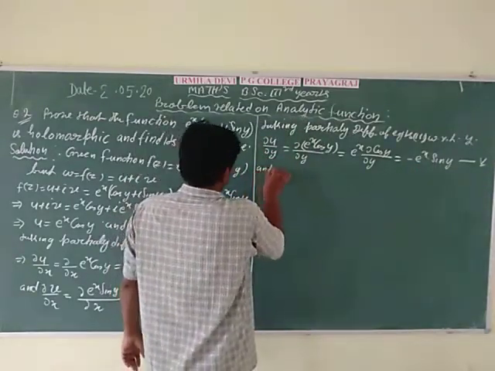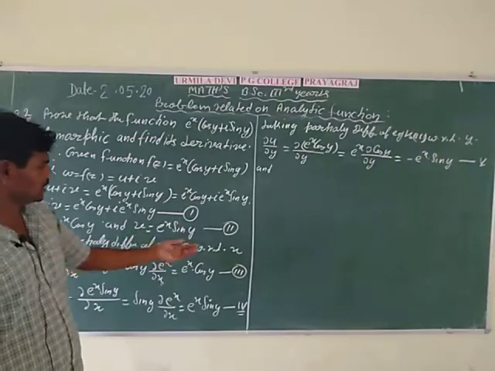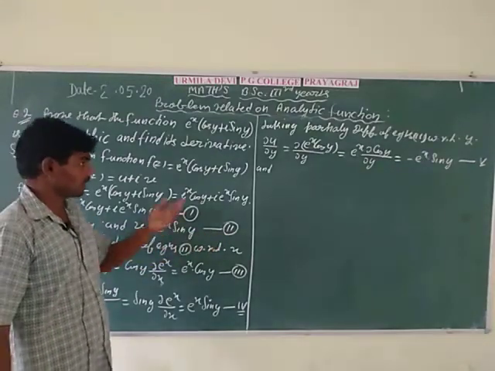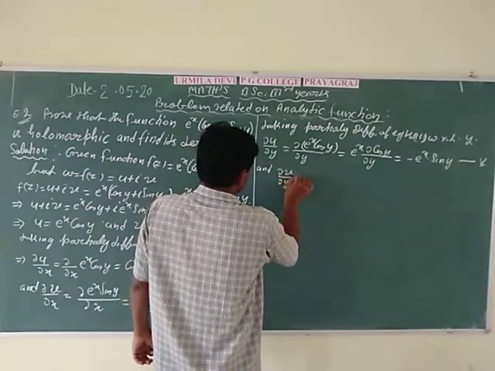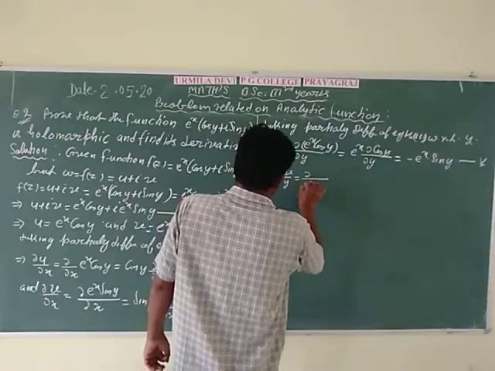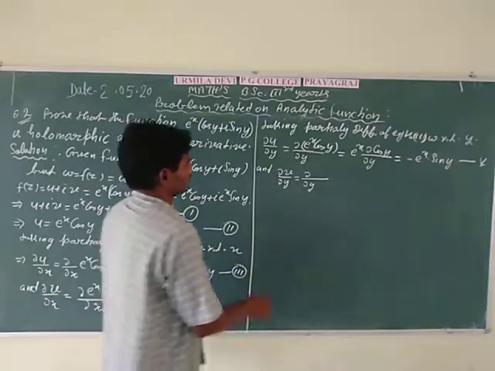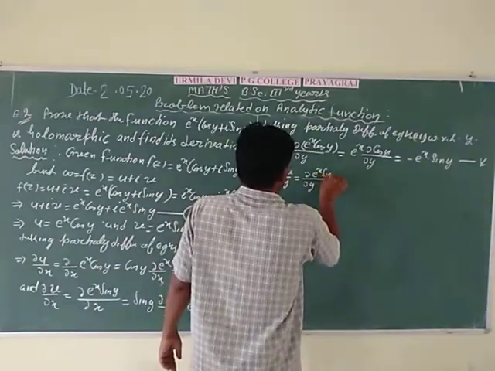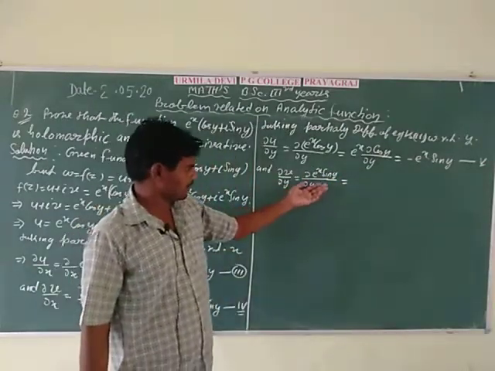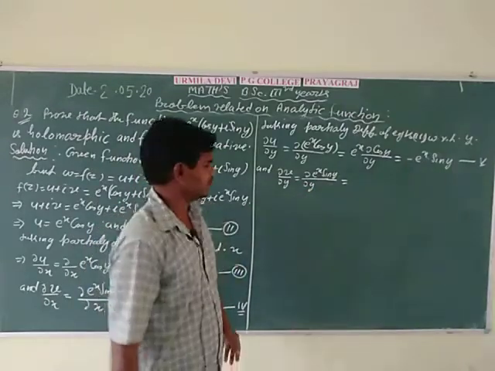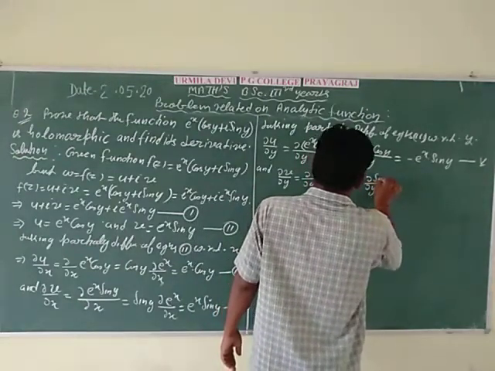And taking partial differentiation of the imaginary part v, represented by equation 2nd, with respect to y. So here write del v by del y is equal to, putting the value of v from equation 2nd, e to power x sin y, is equal to, here once again differentiation with respect to y, so e to power x is constant, so taken outside from differentiation, e to power x del by del y sin y.